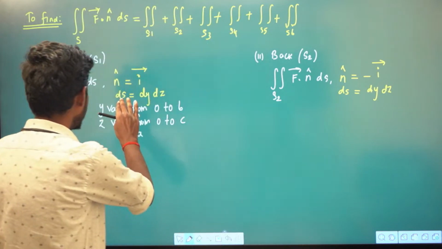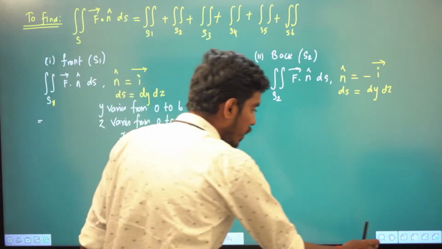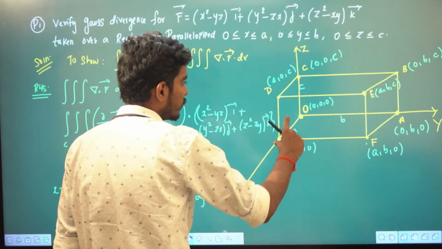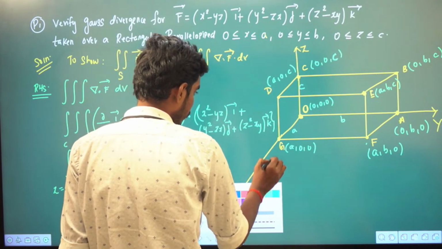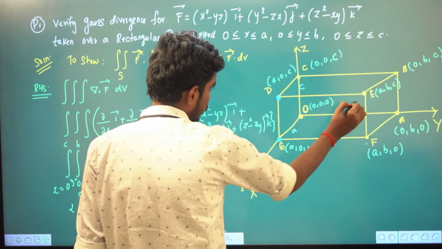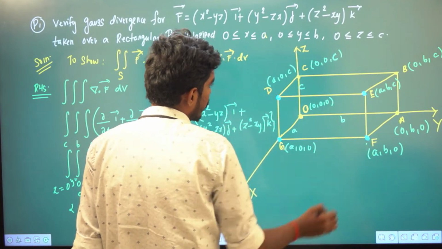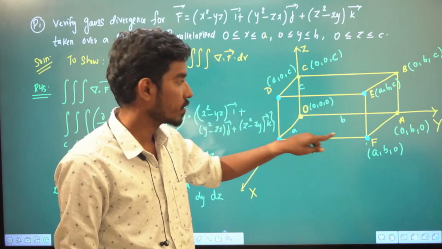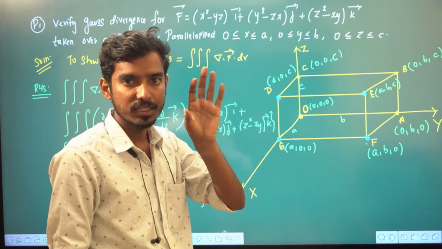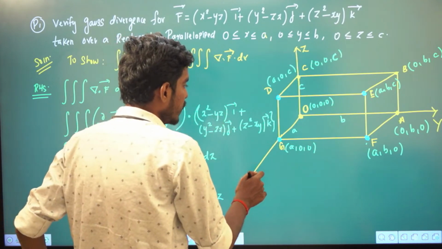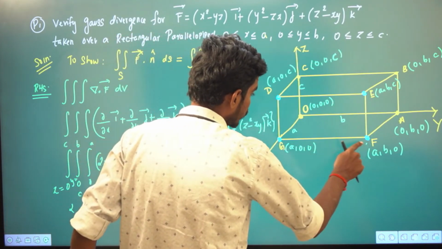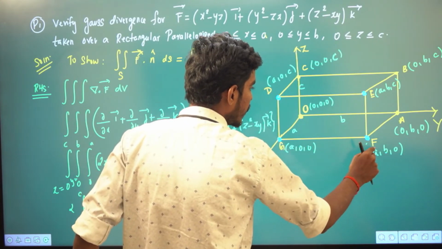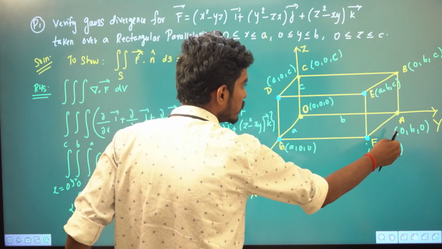If not, I have found the y, z, x limits like this. If not, you just take the front face. Now you can see for the front face, all the x coordinates are the same, a. That means you take x equal to a, and y varies from 0 to b, and z varies from 0 to c.